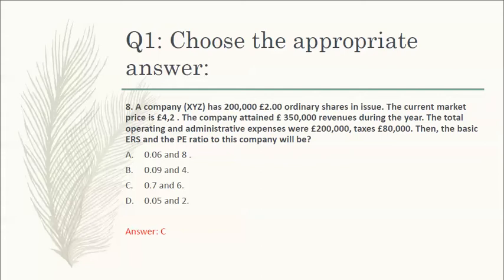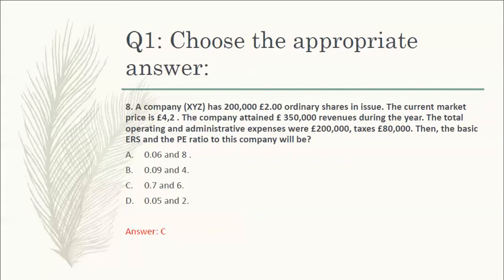To get the earning on ordinary activities, we subtract from the revenue, 350,000, the operating and administrative expenses, 200,000 and 80,000.